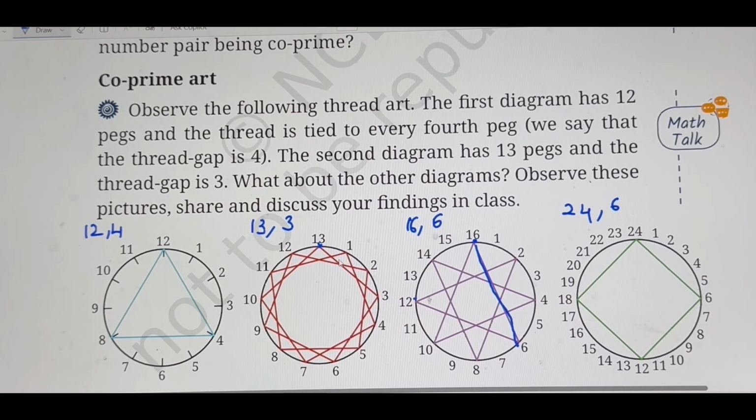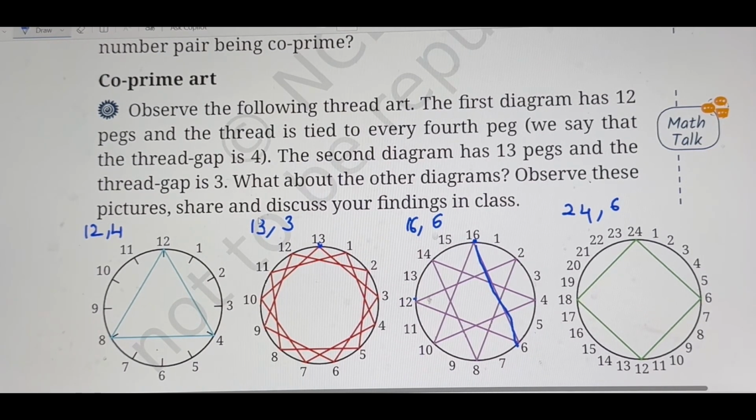The thread is not tied on those numbers. In the second one, what happens? It is tied to each and every peg after taking a round. In this one, 16 and 6, it is tied to most of the pegs, leaving only the alternate ones. Here more pegs were left and here only one. And here also you can see so many pegs are left which are not tied with the thread.